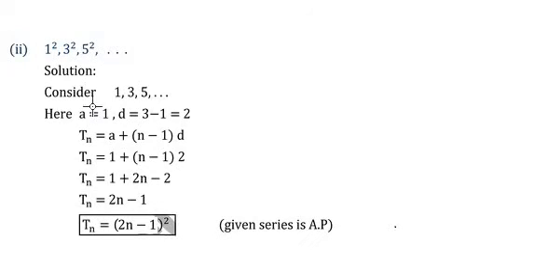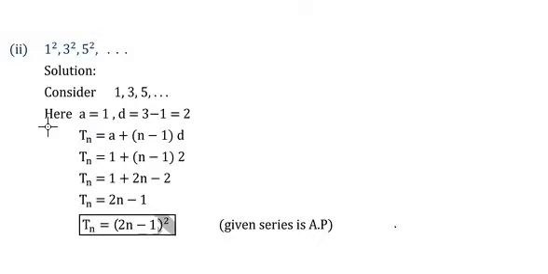First of all, please check the difference. The first step is to check the difference; the difference tells you which type of series is given. Similarly here 3 minus 1 equal to 2, 5 minus 3 equal to 2, so you can say that the given series is AP.